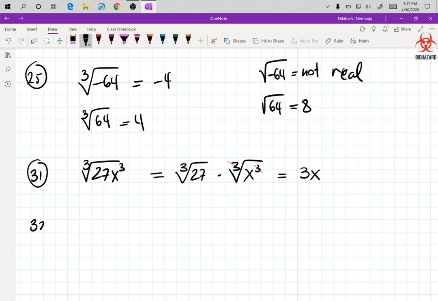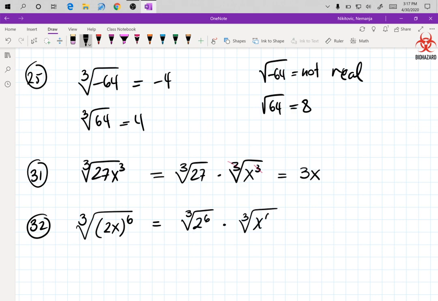Let's take a look at 32 as well. This is pretty much the same. So I have cube root of 2 to the 6 times cube root of x to the 6.